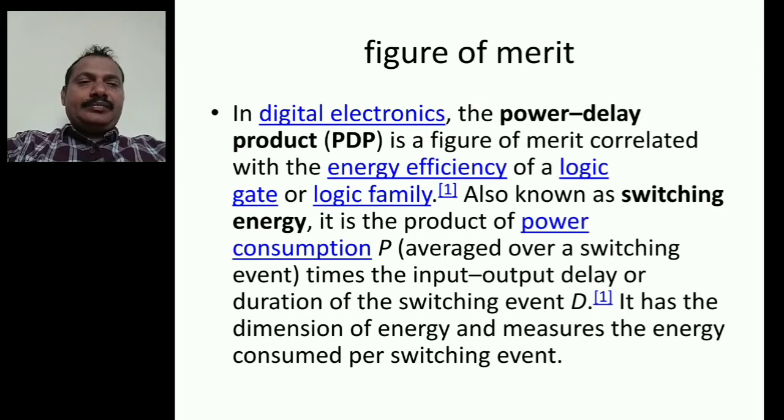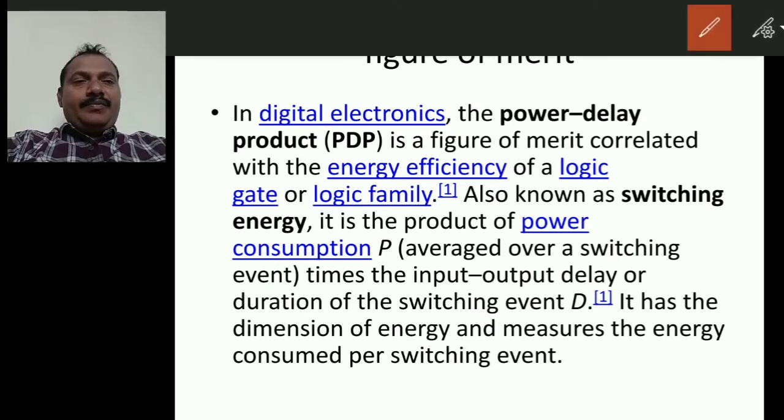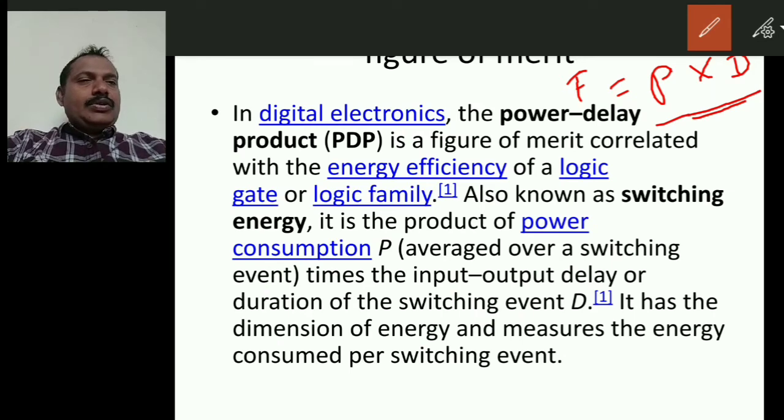It has the dimension of energy and measures the energy consumed per switching event. That means figure of merit equals power dissipation into delay. So this is the figure of merit.